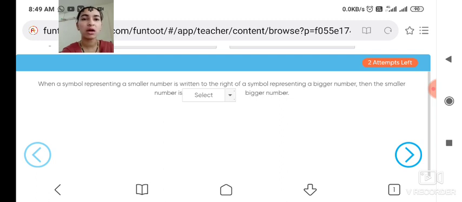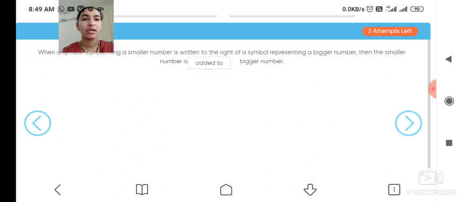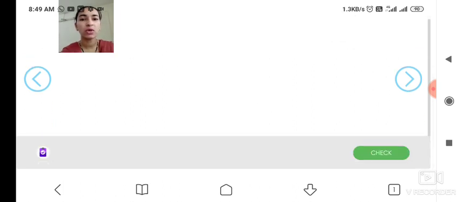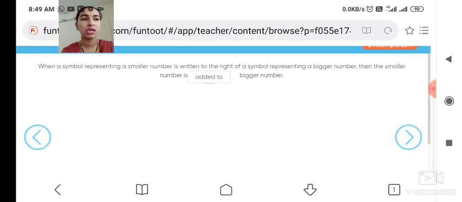Now this is the opposite of the previous example. In that we wrote the smaller number first and then the bigger number, but in this question the bigger number is written first and the smaller number second. So if that condition is there, then we add. We are going to add that number: the smaller number is added to the bigger number. Understand this?